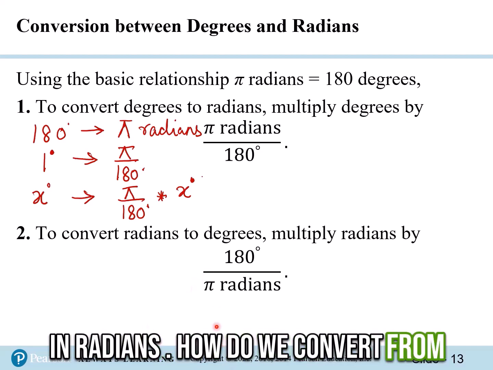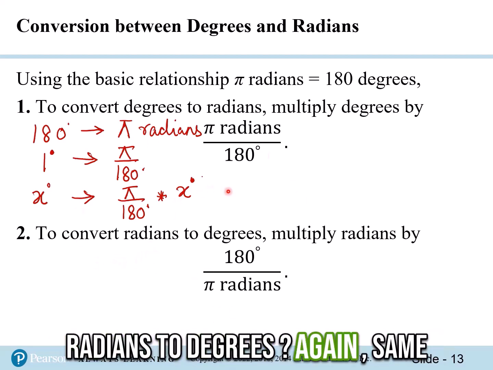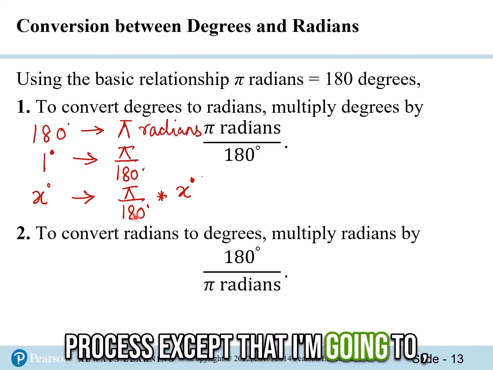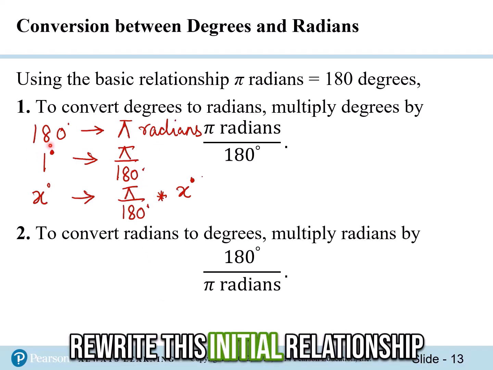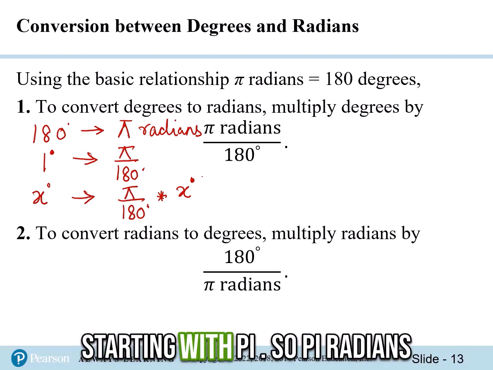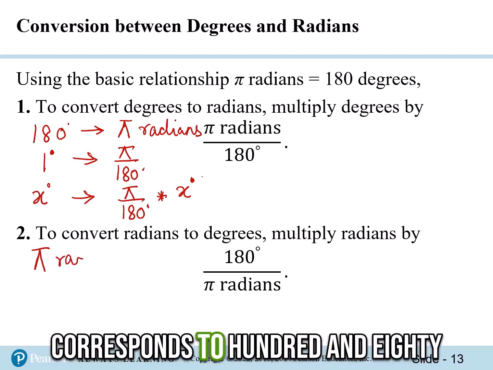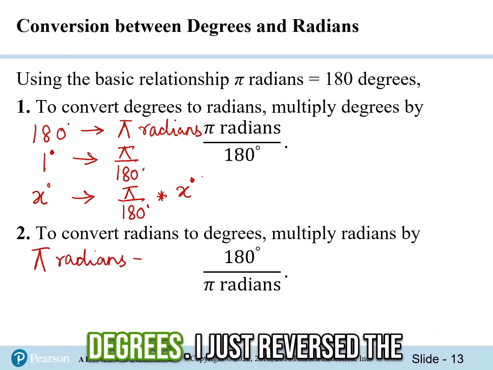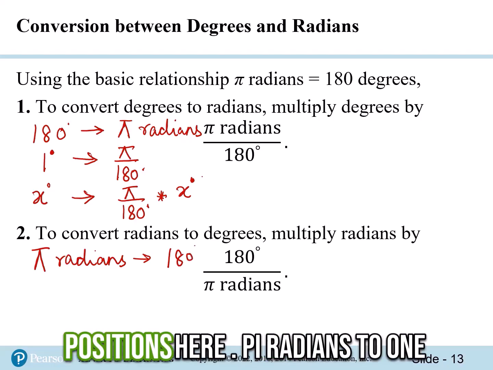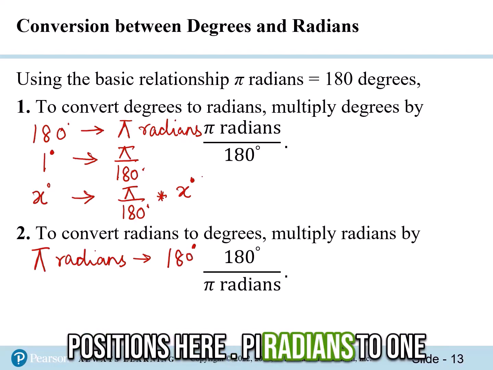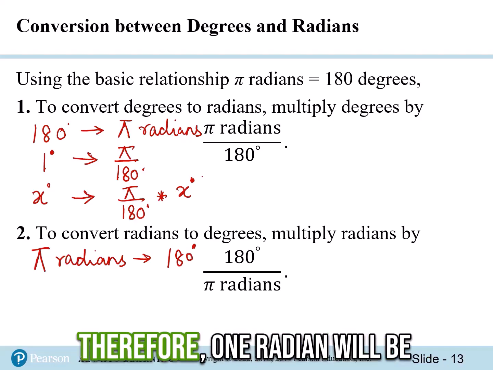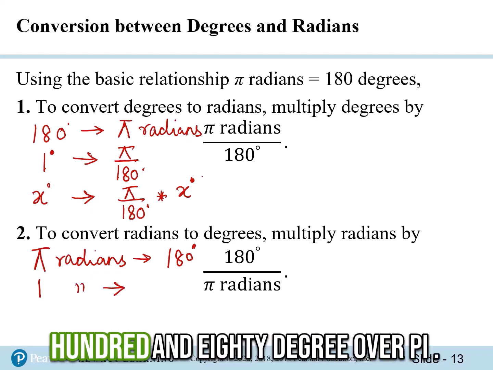How do we convert from radians to degrees? Again, same process, except that I'm going to rewrite this initial relationship starting with pi. So pi radians corresponds to 180 degrees. I just reversed the positions here. Pi radians to 180 degrees, therefore 1 radian will be 180 degrees over pi.